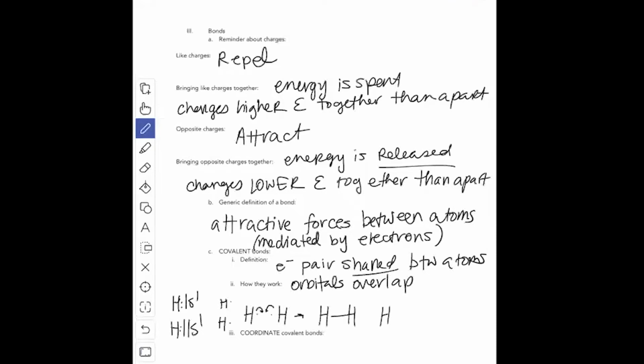How does that work? The 1s orbitals each contain an electron, and the orbitals corresponding to these electrons overlap with each other. The combined orbital encompasses the whole molecule to make a bond. Covalent bonds make the assumption that electrons are evenly shared. Towards the middle of the semester, though, we'll learn that this is not always the case.